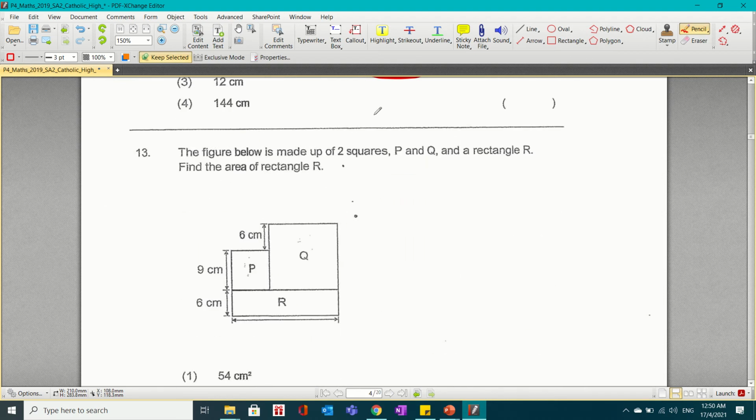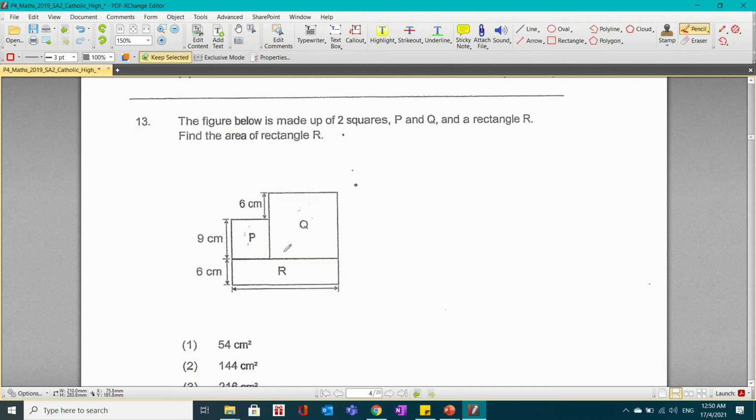In this case, once again you have squares, so if you did not realize that a square has 4 equal sides, it will be very difficult for you to answer the question. So you have to remember some of these basic rules, mainly the fact that you have 4 equal sides. So in this case, finding the area of rectangle R would be easy because you know that the length of P is 9, so this portion is 9 cm.